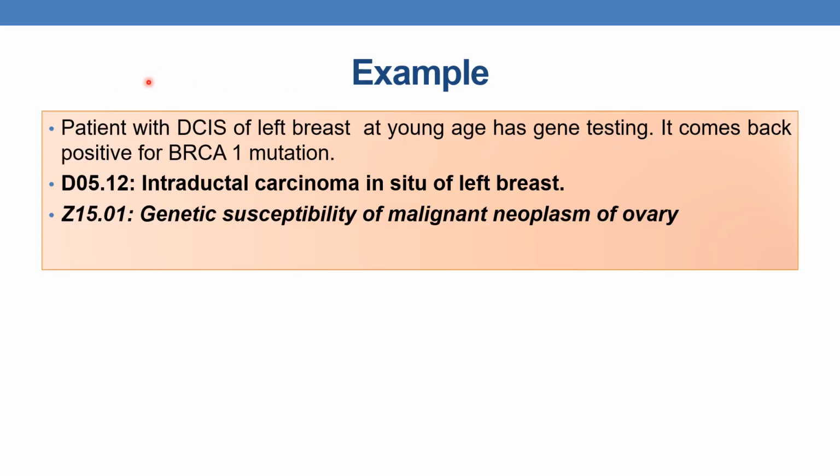Now let us see an example. Patient with DCIS, that is ductal carcinoma in situ of left breast at young age, has gene testing and it comes back positive for BRCA1 mutation. So this is a gene which increases the risk for breast cancer.